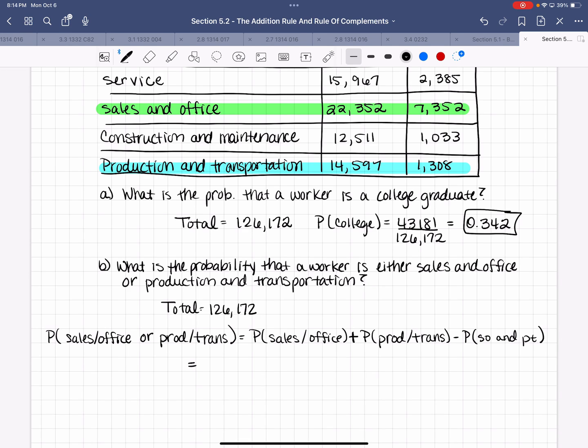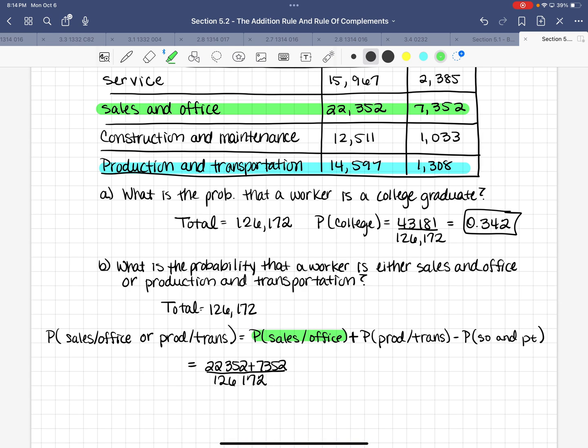So the probability of sales in office, that's going to be the 22,352 plus the 7,352 all over 126,172. Okay? That takes care of sales in office. I made him green a while ago.